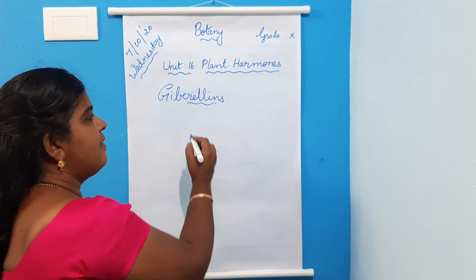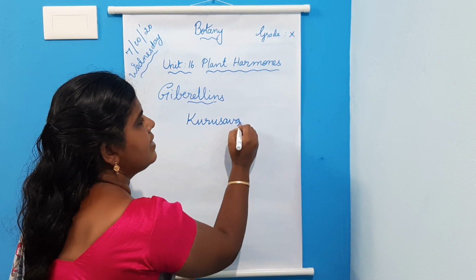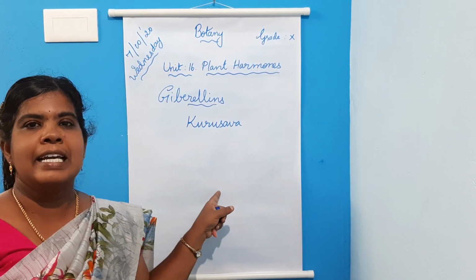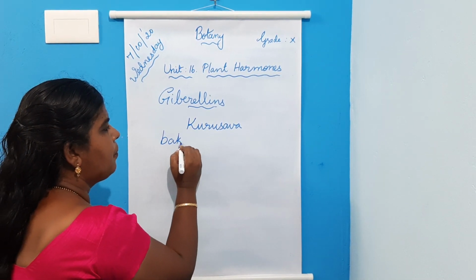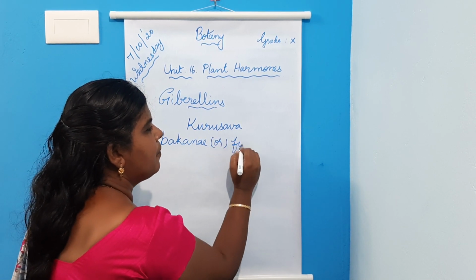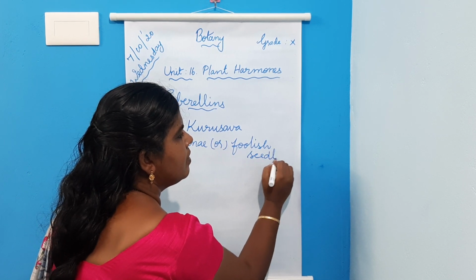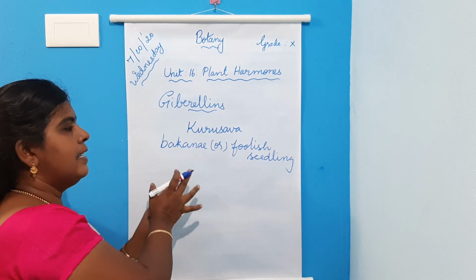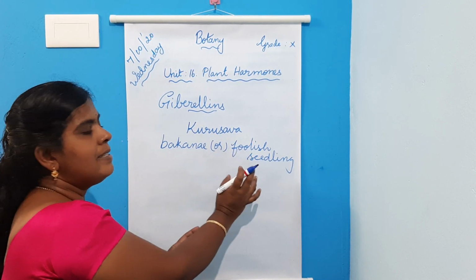Kurosawa, in 1926, first observed a disease in rice seedlings. The name of the disease is bakanae, or foolish seedling.